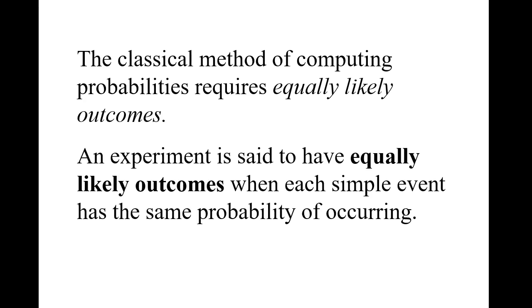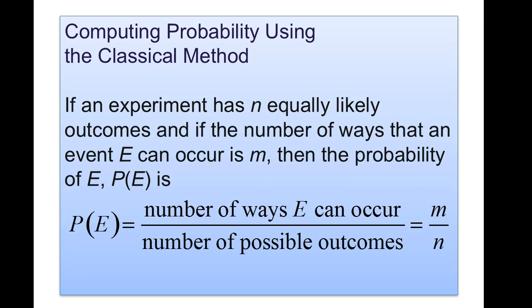An experiment is said to have equally likely outcomes when each simple event has the same probability of occurring. That's a very important distinction between the various methods of computing probability. So for the classical method, each simple event in the sample space must be equally likely of occurring.